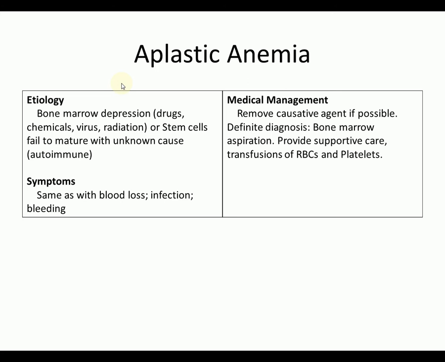Acquired aplastic anemia is classified as either severe acquired aplastic anemia or moderate acquired aplastic anemia. Severe carries a poorer prognosis and follows a more rapidly fatal course than the primary type. The onset of clinical manifestations include anemia, leukopenia, and decreased platelet counts, and they are usually insidious.